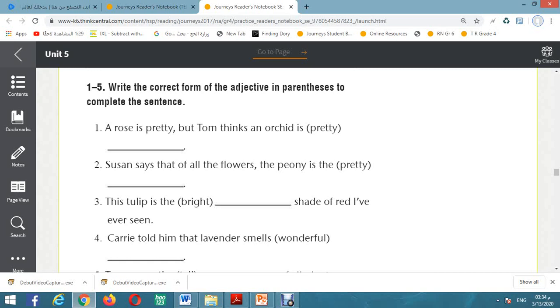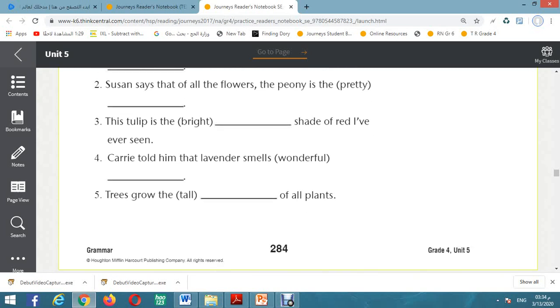Short, so add est, brightest. Number 4, Carrie told him that lavender smells what? Most wonderful. It's superlative, and wonderful is a long adjective, more than one syllable, so we add most plus wonderful.